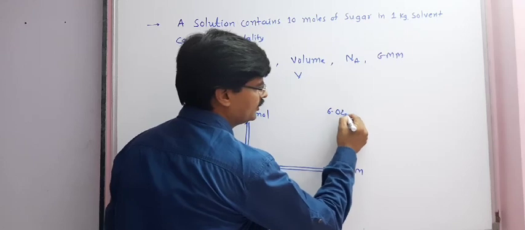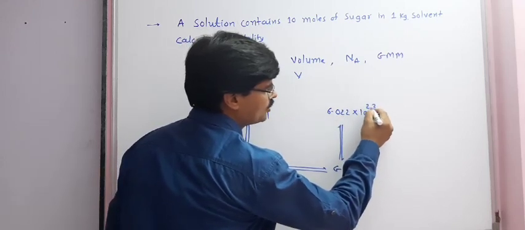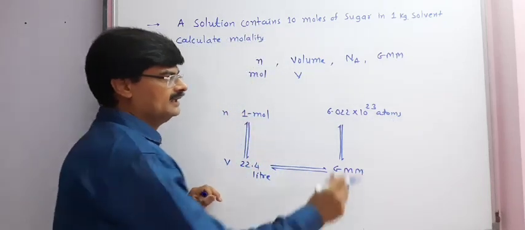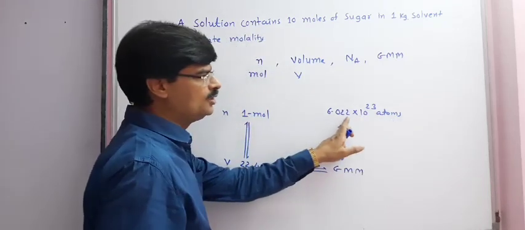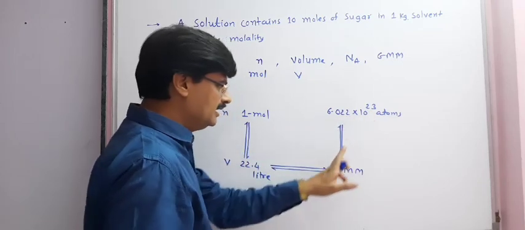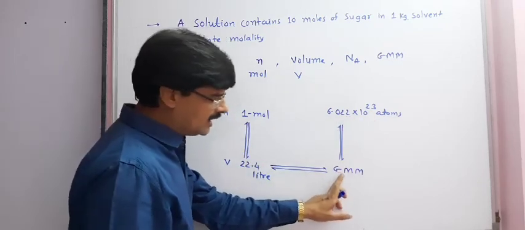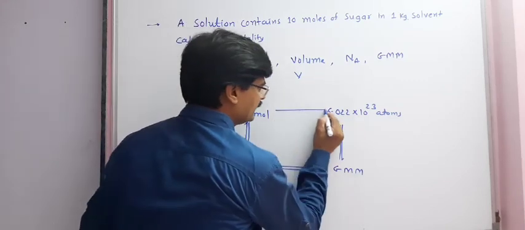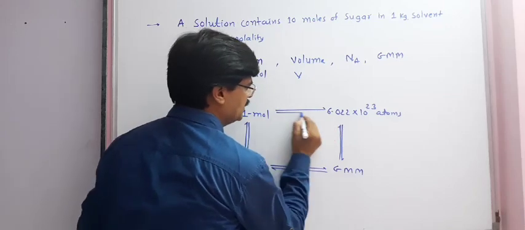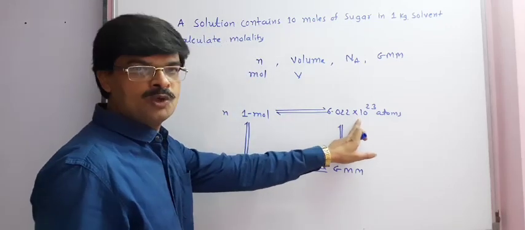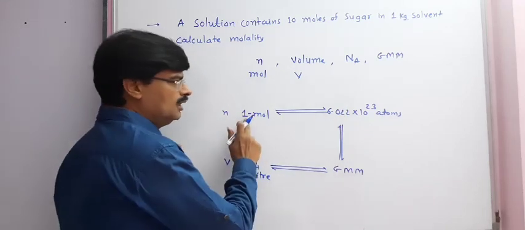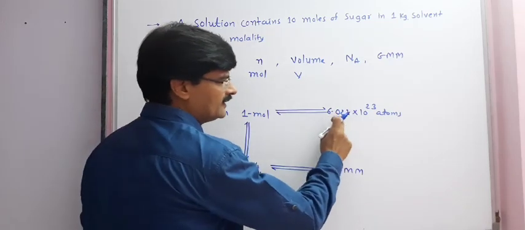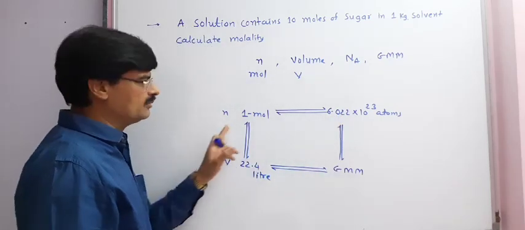Avogadro number 6.022 into 10 raised to 23 atoms, particles, ions, etc. Here in this case we can say 6.022 into 10 raised to 23 is equal to gram molar mass, or gram molar mass is equal to 6.022 into 10 raised to 23. Same way, the relation can be established between Avogadro number and mole also. 1 mole is equal to 6.022 into 10 raised to 23 atoms. Same way, 6.022 into 10 raised to 23 atoms is equal to 1 mole.